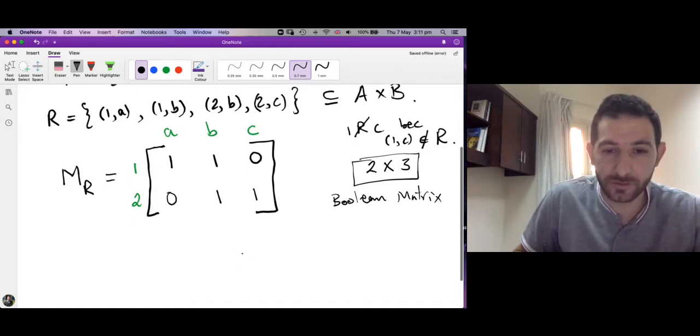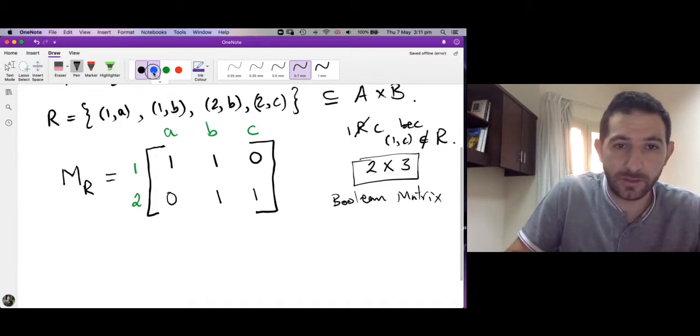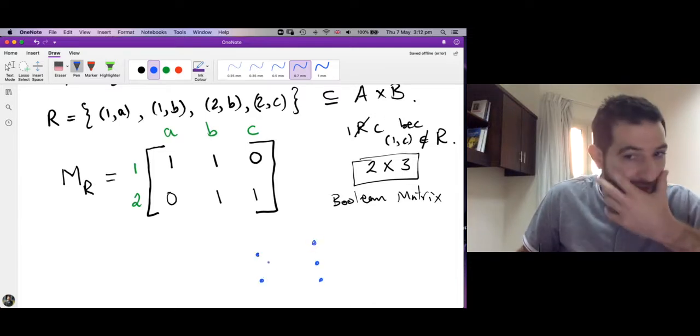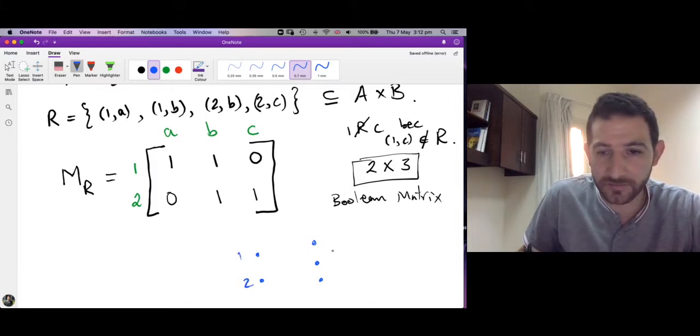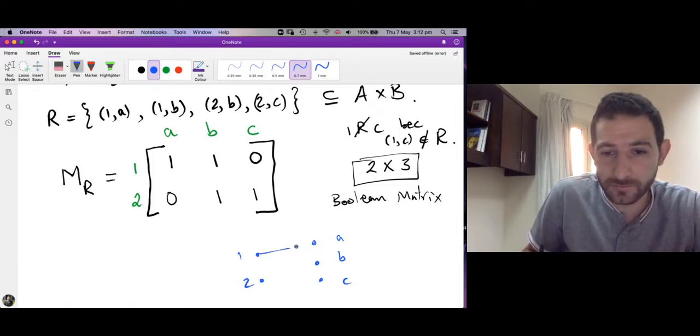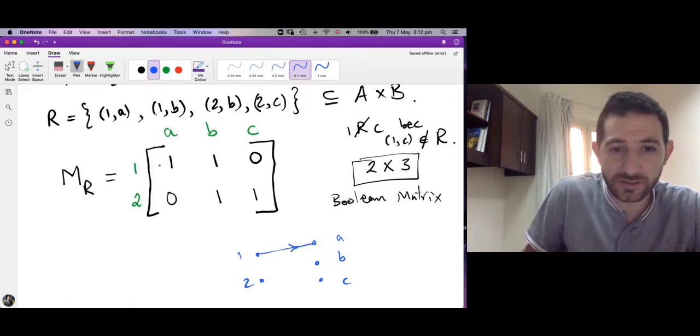If you want, we can quickly draw the directed graph diagram. So these are the elements of A, and these are the elements of B, and from here we know 1 is related to a, and 1 is related to b, and 1 is not related to c. 2 is related to b and c.